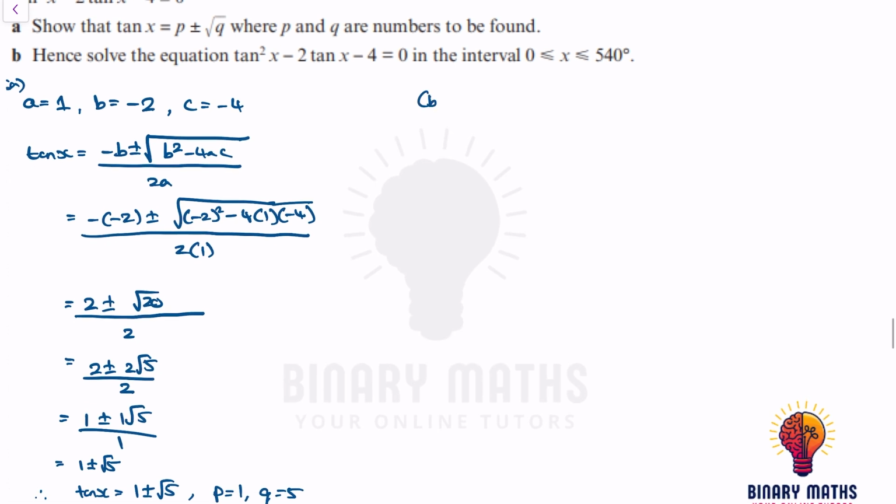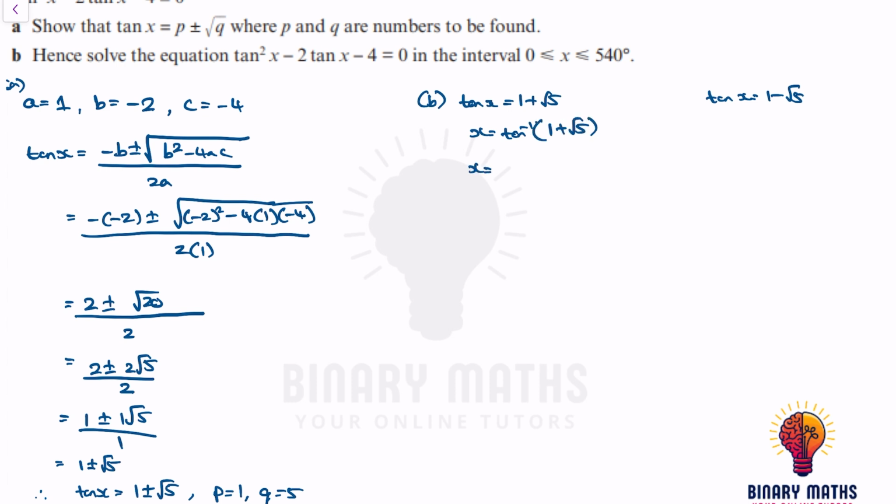Let's do b now. Hence, solve the equation tan squared x minus 2 tan x minus 4 is equal to 0 in the interval 0 to 540. So you have two situations, one where tan x is equal to 1 plus root 5, and one where tan x is equal to 1 minus root 5. So x will be equal to inverse tan of 1 plus root 5.